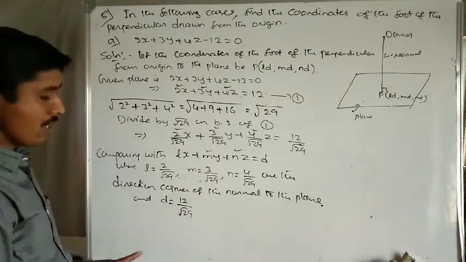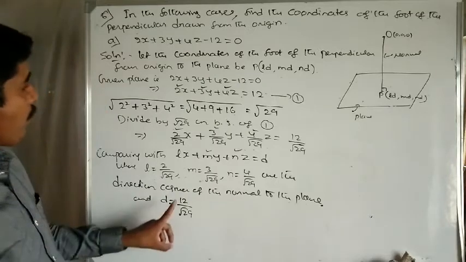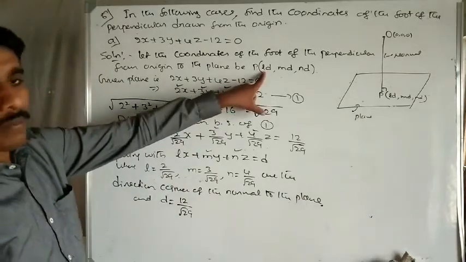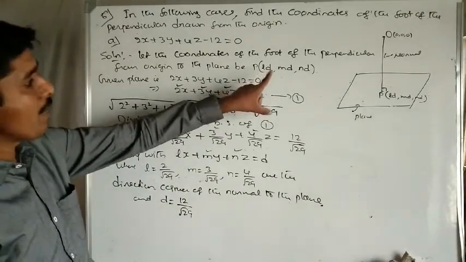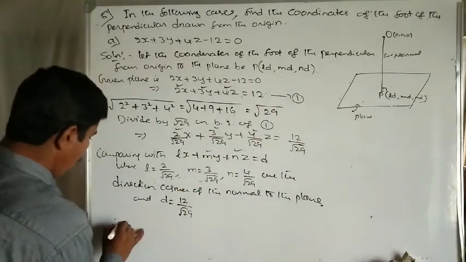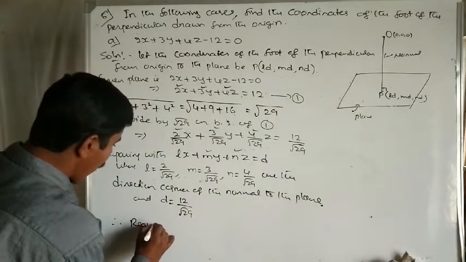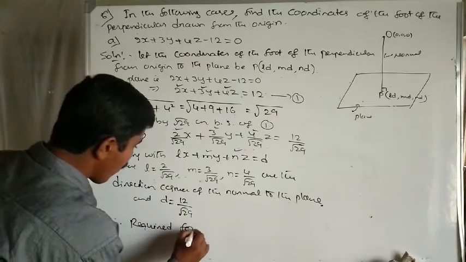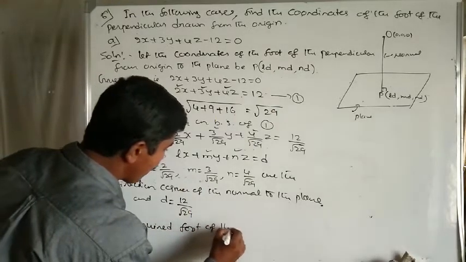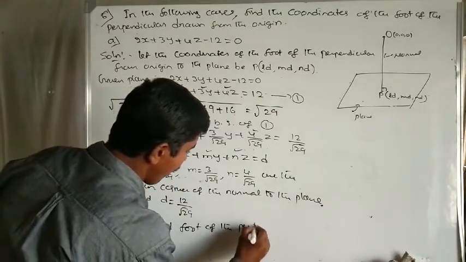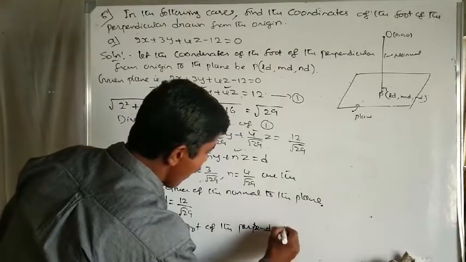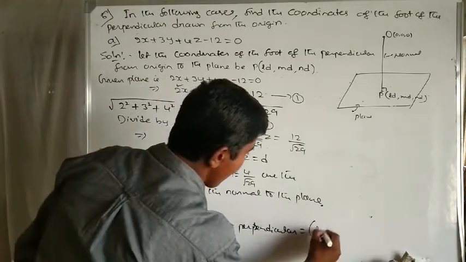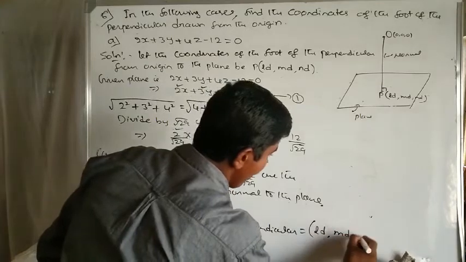What is the required foot of the perpendicular here? lD, mD, nD. Therefore, the required foot of the perpendicular is equal to lD, mD, nD.